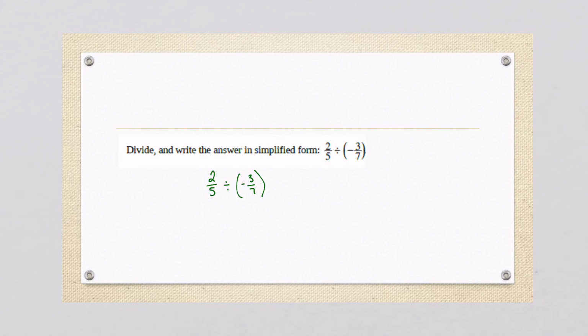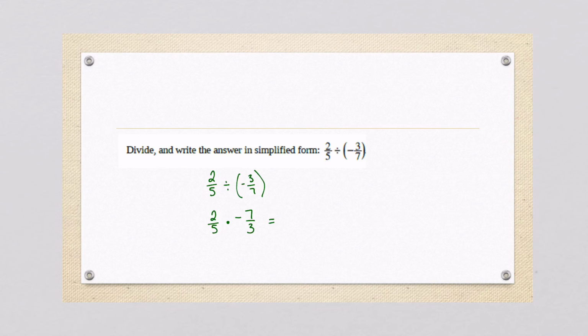The rule is keep your first one the same, do not change it. Change your sign to multiplication, but flip or give the reciprocal of the second one. And then you just multiply straight across. You can reduce if there's any possibility of reducing. I don't see any common factors, so we're just going to go ahead and multiply straight across.